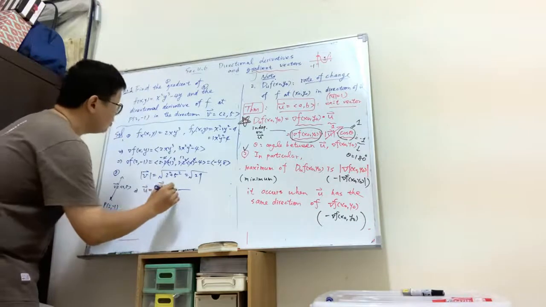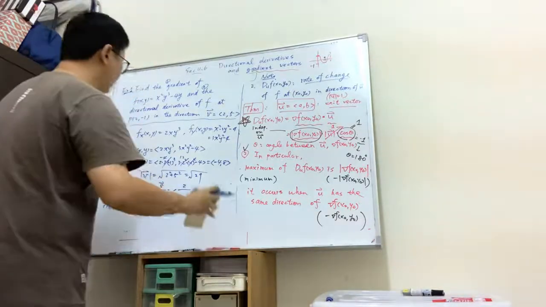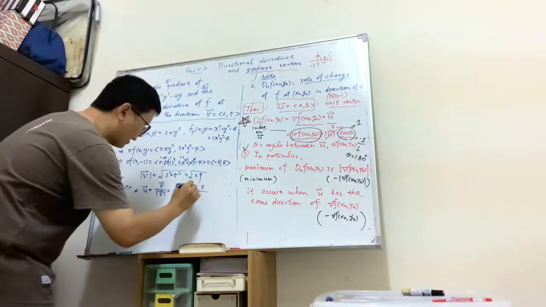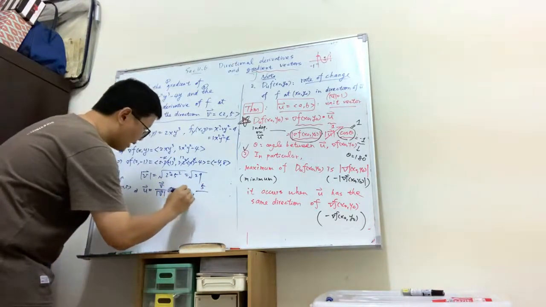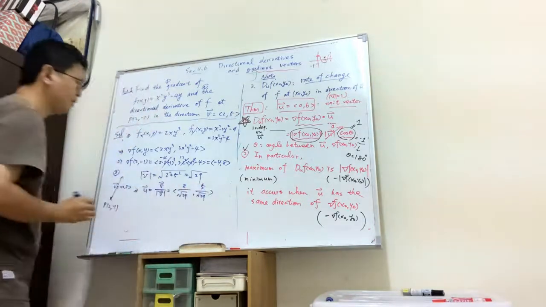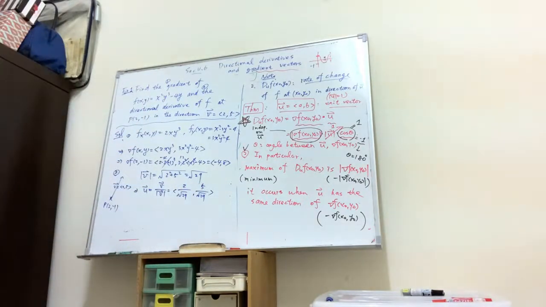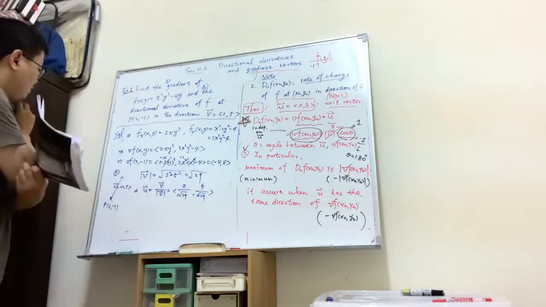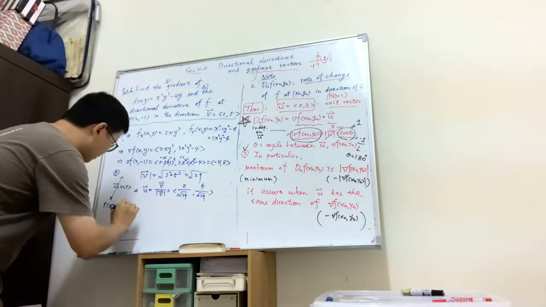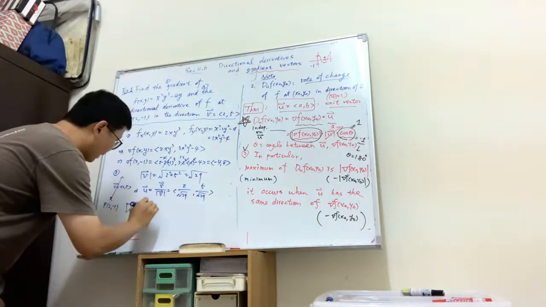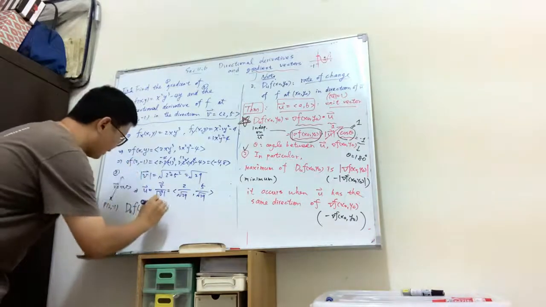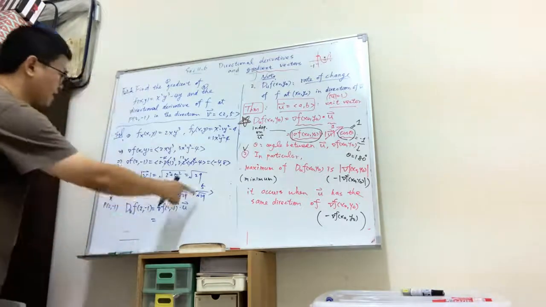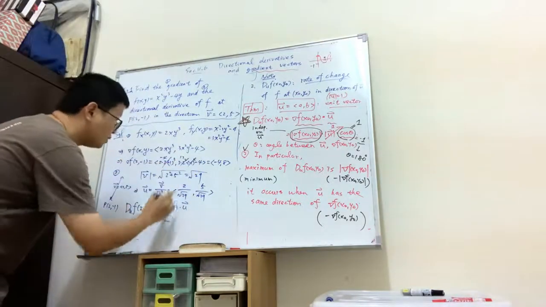So the unit vector is V divided by its length: (2, 5) over square root of 29. Now the directional derivative at the point (2, negative 1) is just the inner product of the gradient at (2, negative 1) and u.